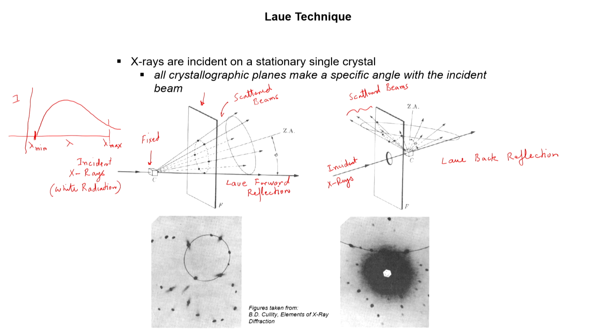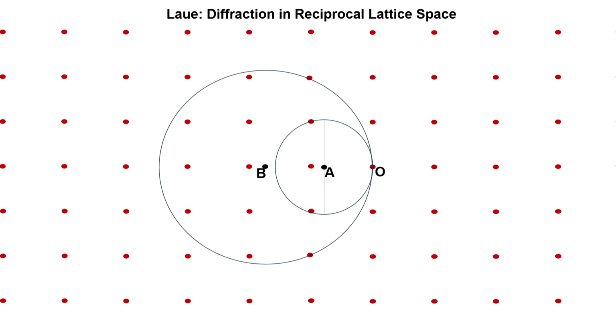Now, let us try to understand this geometry in terms of the reciprocal lattice space. I have drawn, basically this is a reciprocal lattice, the red dots represent the reciprocal lattice points, and I have drawn two spheres, and O is the origin of the reciprocal lattice, A is the center of the smaller sphere, and B is the center of the larger sphere. Now, what are these two spheres? These two spheres, as I described in the earlier lecture, are spheres of reflection having a radius of 1 upon lambda.